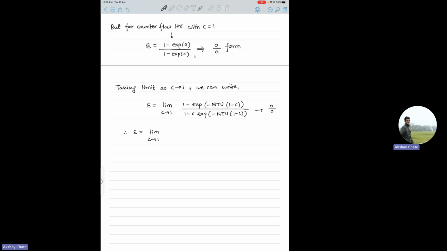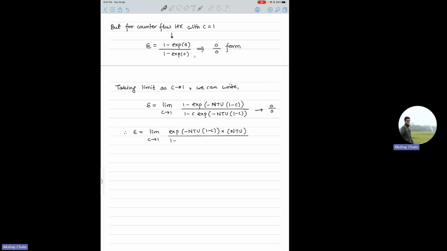1 is a constant, so it goes away, and the exponential term remains the same. The differentiation of exponential power something is exponential power that thing into the differentiation of the inside thing. So with respect to C we have to do this. The minus NTU gets cancelled because it's a constant, its differentiation is 0, and you'll have one term, C NTU, whose differentiation is NTU.